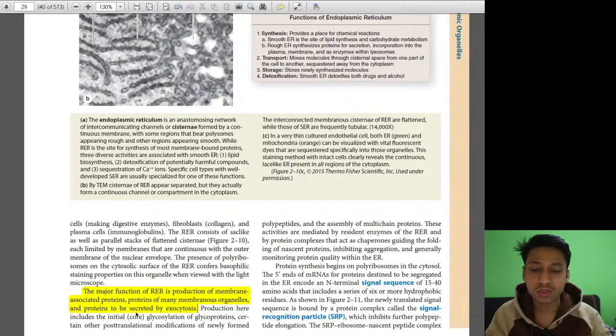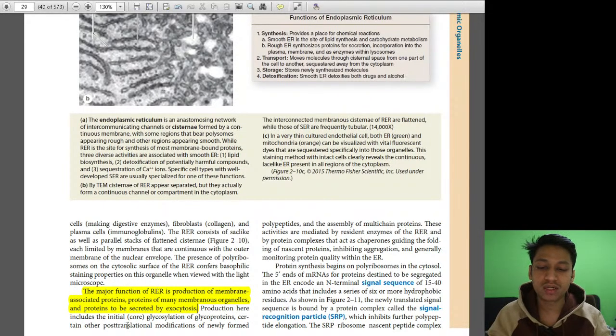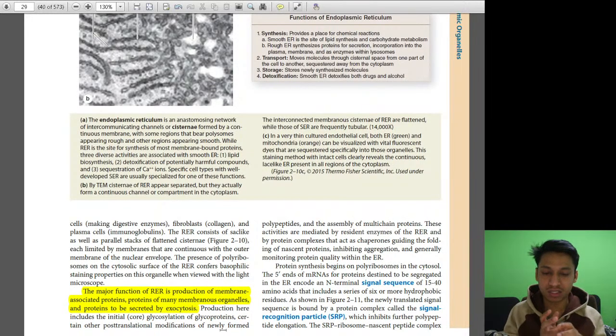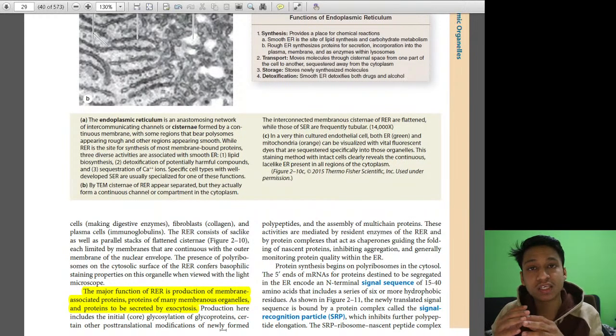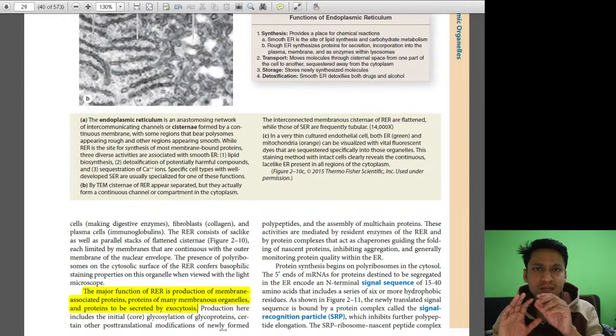Production here includes the initial core glycosylation of glycoproteins, certain other post-translational modifications of newly formed polypeptides, and the assembly of multi-chain proteins. So this is also an important function: after the glycosylation of the glycoprotein, and like glycosylation, other post-translational modifications are also done by the endoplasmic reticulum.